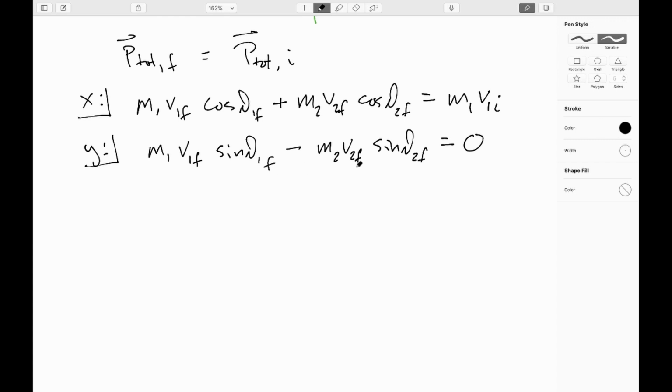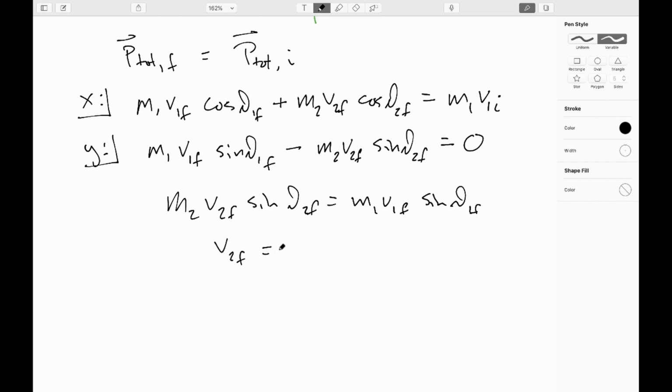All right, so I want to get V2 final all by itself. So first thing I want to do would be to add this to both sides. So M2 V2 final sine theta 2 final equals M1 V1 final sine theta 1 final, and then divide through by the M2 and the sine theta 2 final.